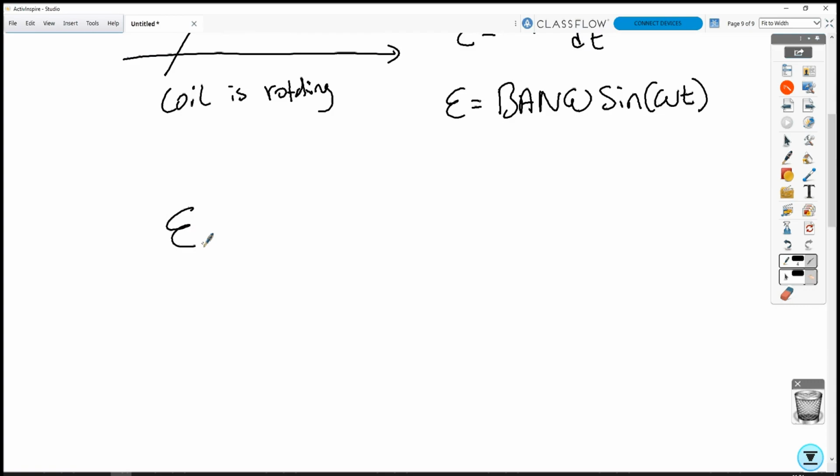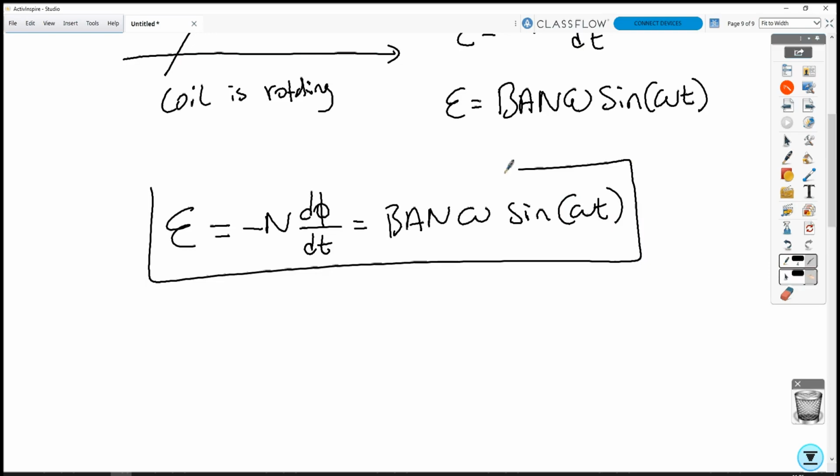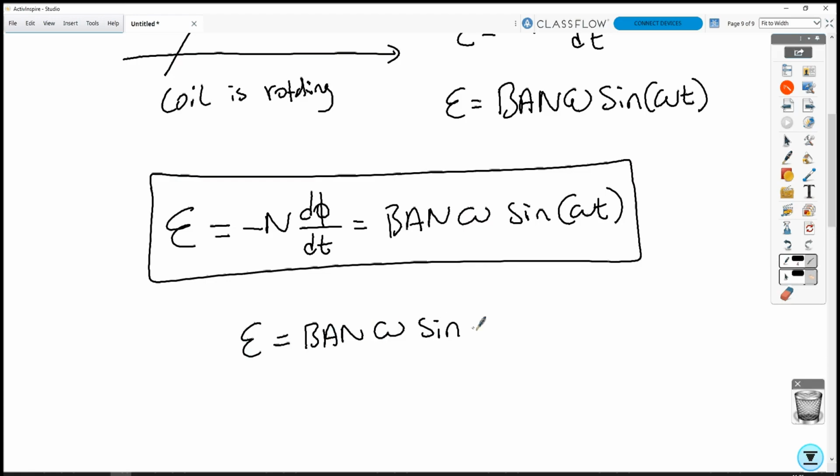So we'll write the equations out. EMF is equal to minus N dΦ/dt, which is equal to BAN omega sine omega t. Which can also be written as EMF equals BAN omega sine theta.